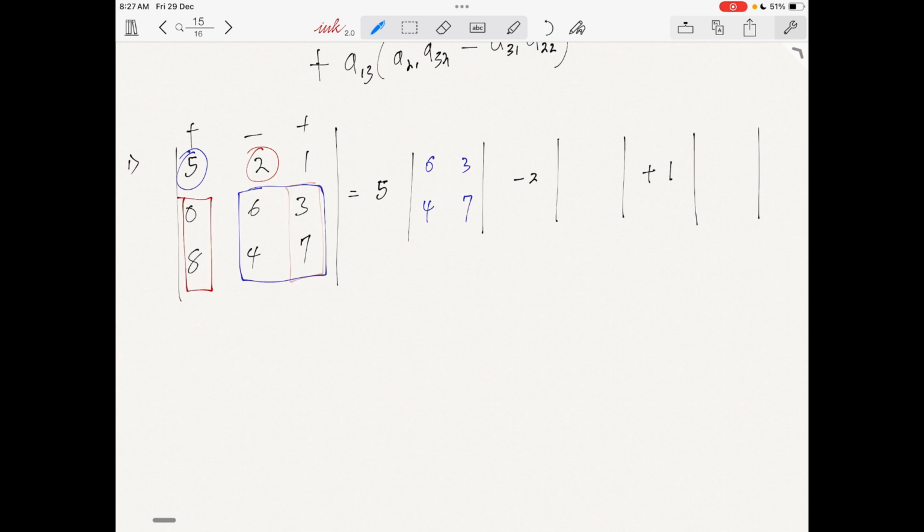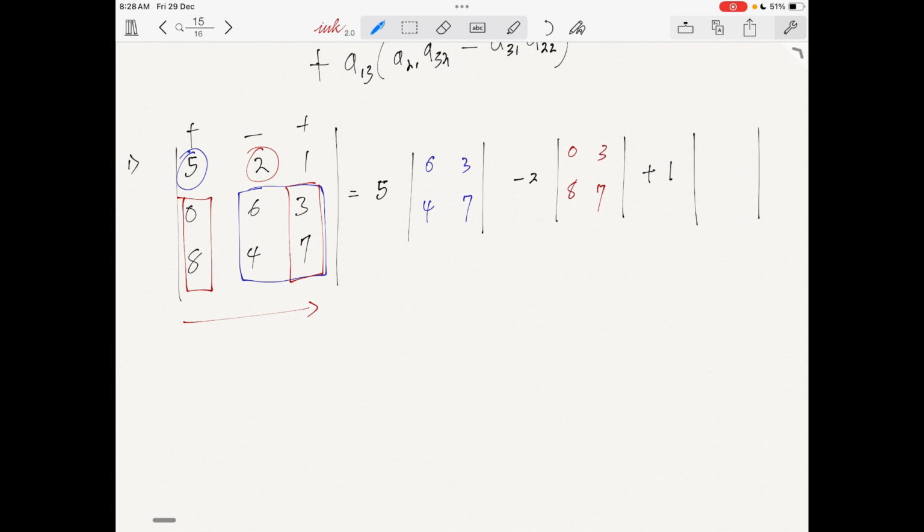We have to write in the order like this: 0, 8, 3, 7.